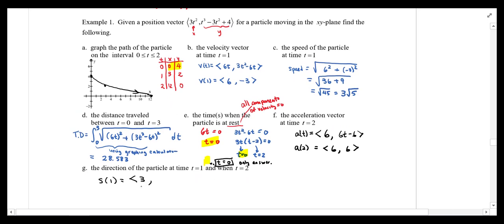And if I plug in 1 for the part, 1 minus 3 is negative 2, plus 4 is 2. So there is s of 1. If I want to find theta, that's just going to be, yes, the arctangent or inverse tangent of the y over the x. You still remember that from last day? Very good. 0.588 radians.